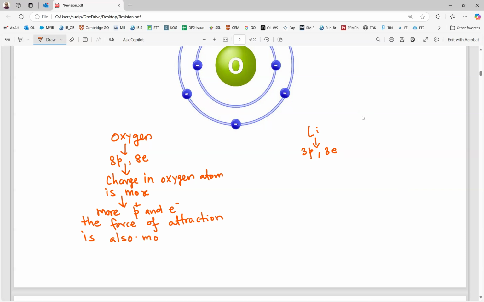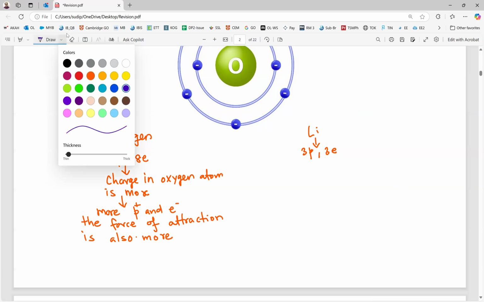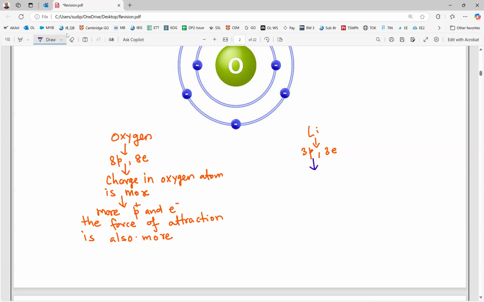Now coming to the other side, where we have lithium. Lithium has fewer electrons and protons, right? So what does it mean? It simply means that the force of attraction is less.